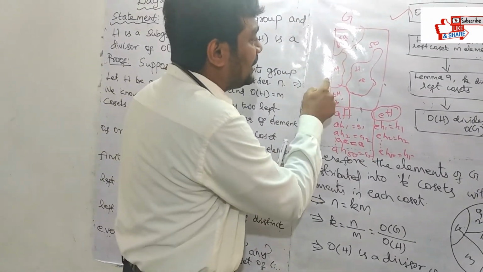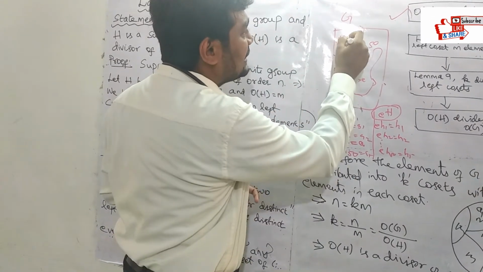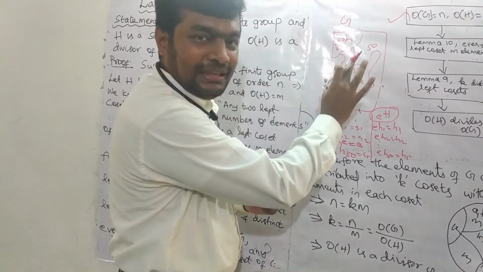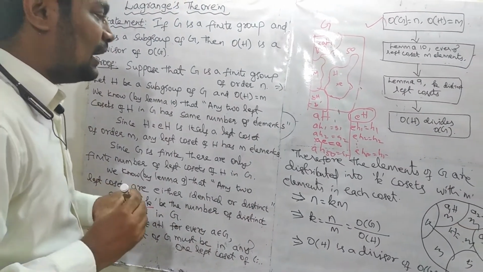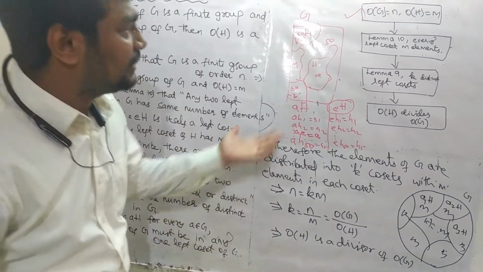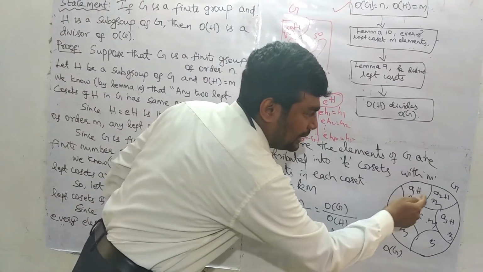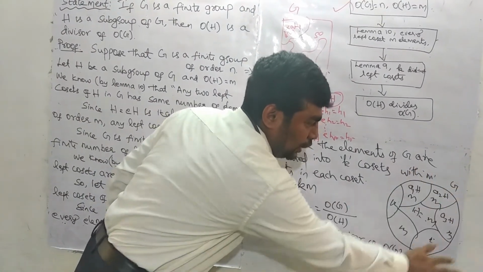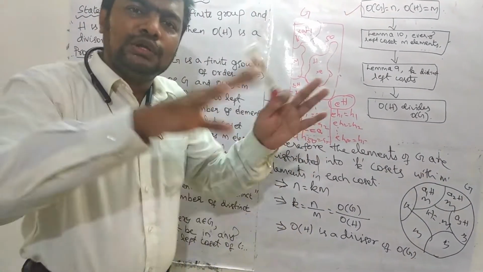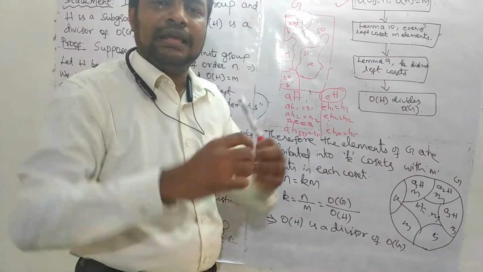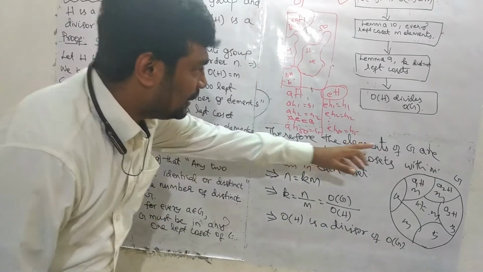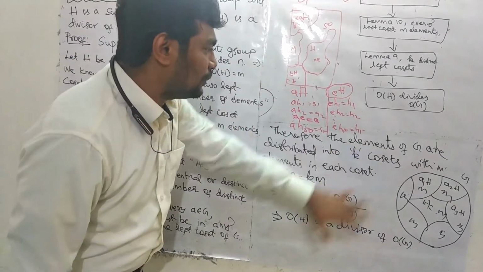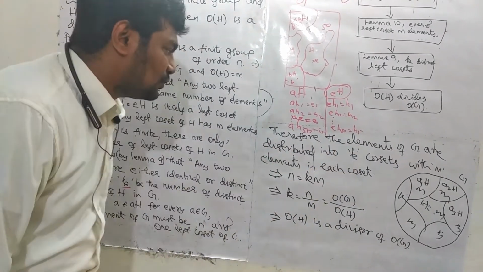All the elements generated by this aH are again in aH only. Therefore, the elements of G are distributed into k cosets. We can notice that it is just a1H, a2H, a3H. The whole set is distributed into an equal number of small cosets with m elements in each coset.